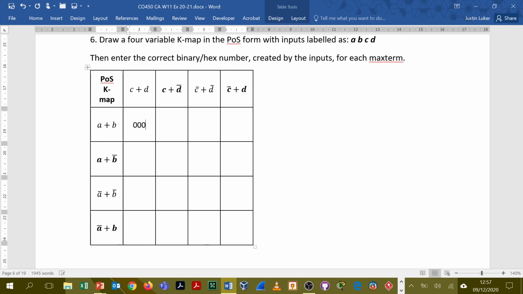Okay, so that should give us 4 zeros. So 0, 0, 0 is a binary number, which in hex is also 0. Then we will end up with 0, 0, 0, 0, and in terms of the pattern, so C 0, 1, 1, 1, 1, 0. So we could put those ones in, so 1, 0, 1, 0. So this is the pattern for the column.